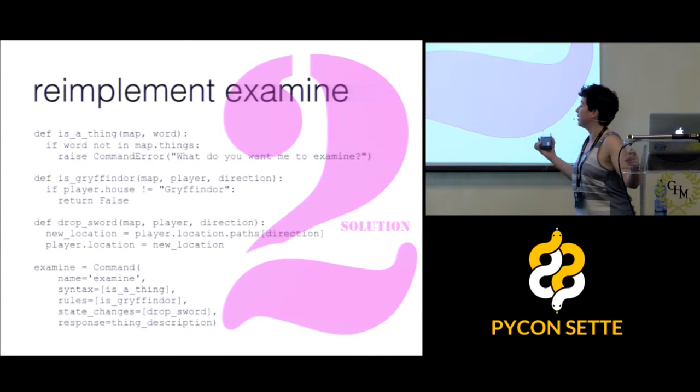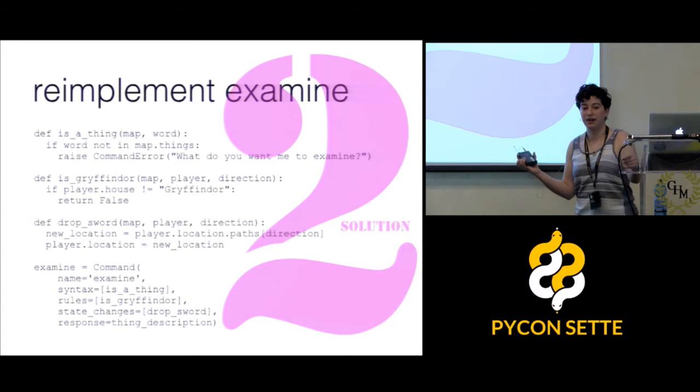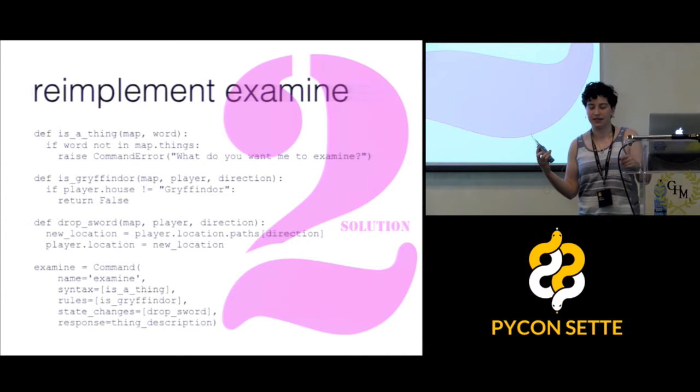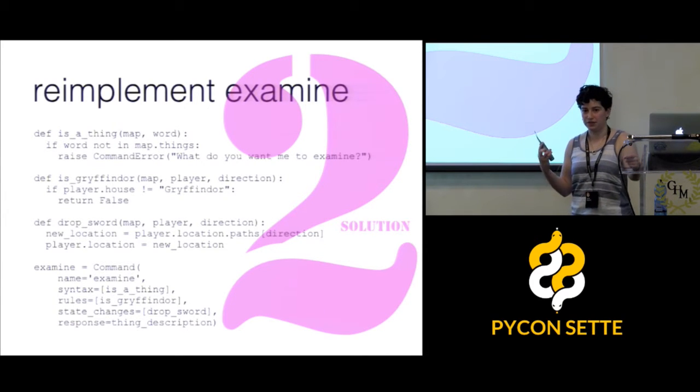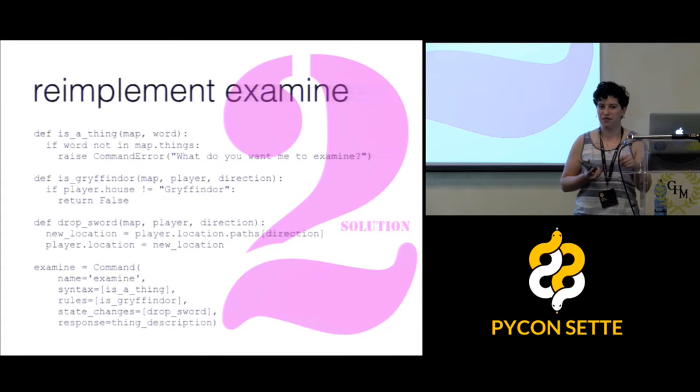The thing function is not right anymore. I'm saying that the rules are the player has to be a Gryffindor. There should be another rule saying that the thing has to be a sorting hat, and another rule saying that the sword can't be in the game already. So I'm missing a couple of functions, but they would really only have one tab each in them.